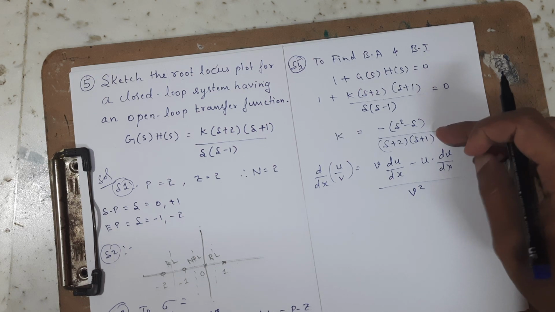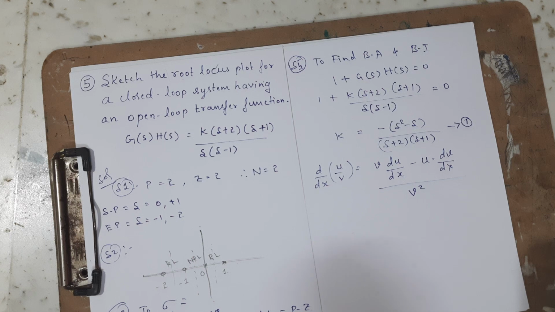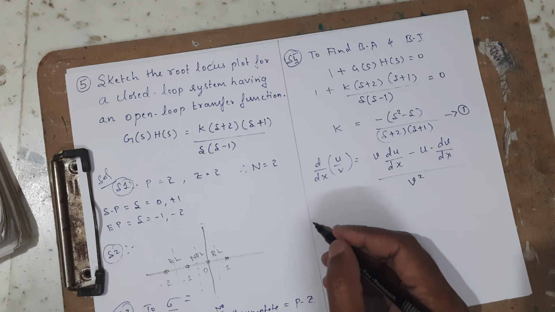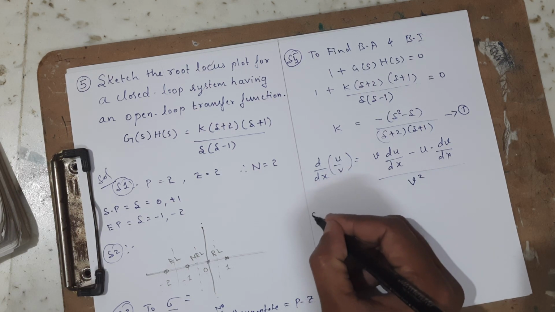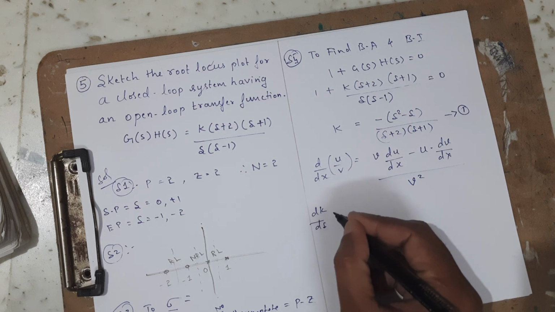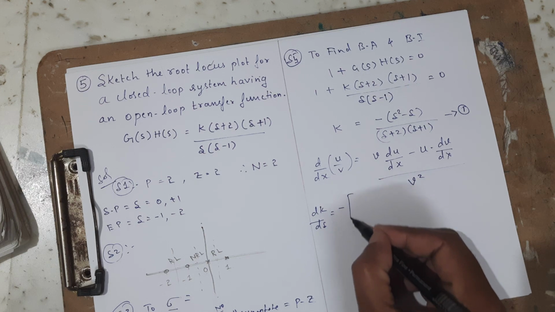K is equal to this equation. So this I am going to call equation number 1. Okay, now I am going to apply the differentiation, quotient rule, and this can be done as dk by ds is equal to, I am taking minus as common, so it will be outside.